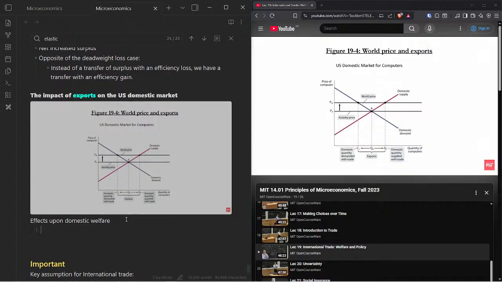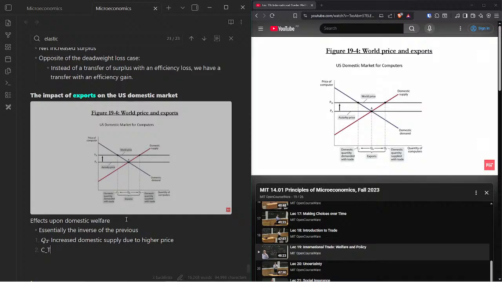And it's basically reduces Q sub T is increased domestic supply due to higher price.